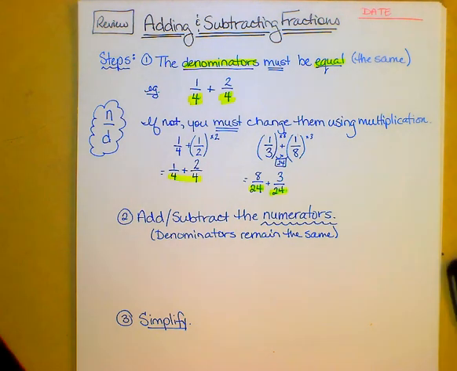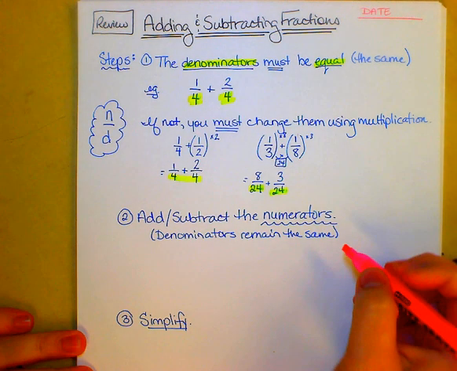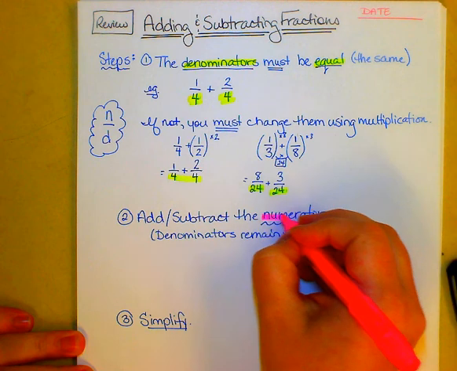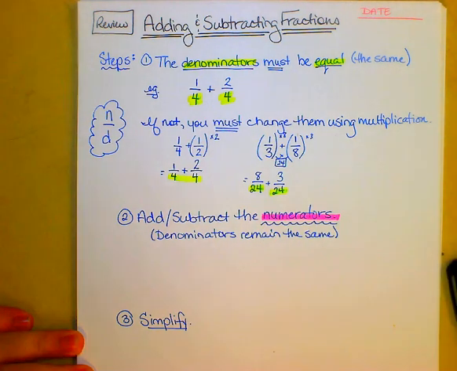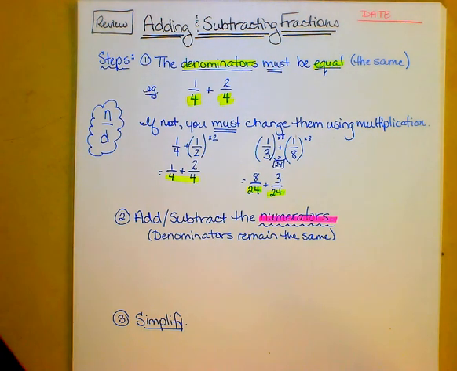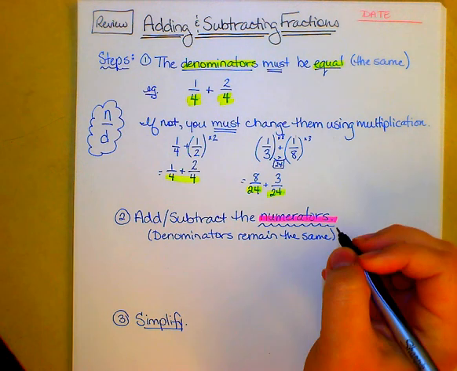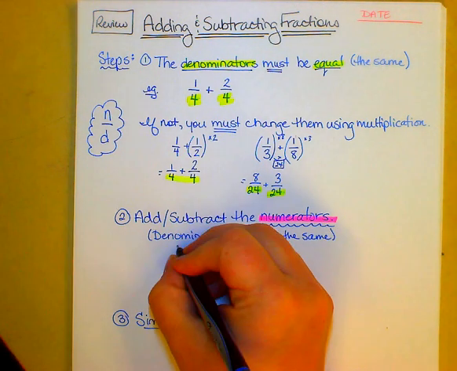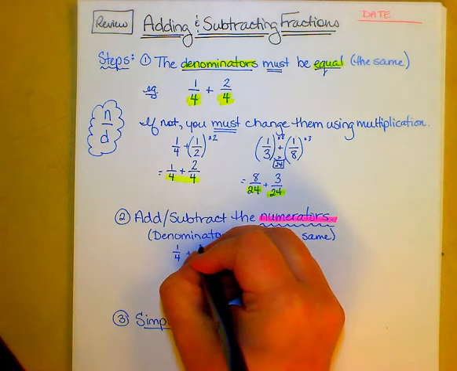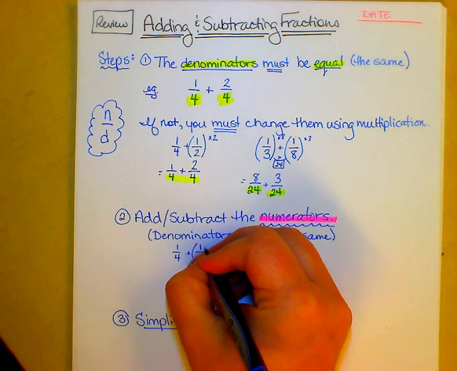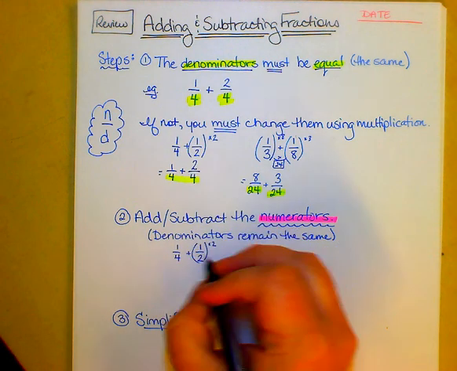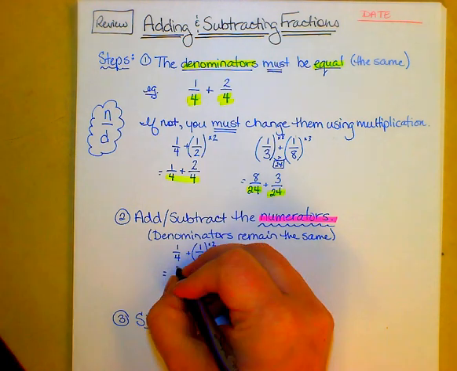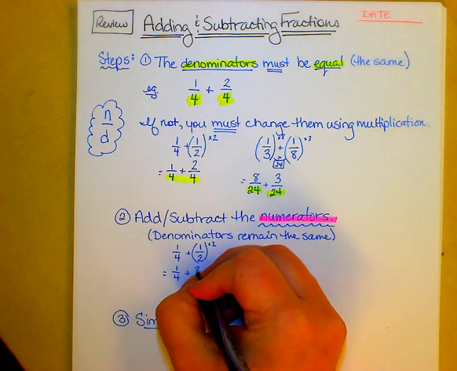Step 2 is that when we're adding and subtracting, we only add and subtract the numerators. Our denominators stay the same. So if I look at my first example, I had 1/4 plus 1/2, which I times by 2 to end up with 1/4 plus 2/4.